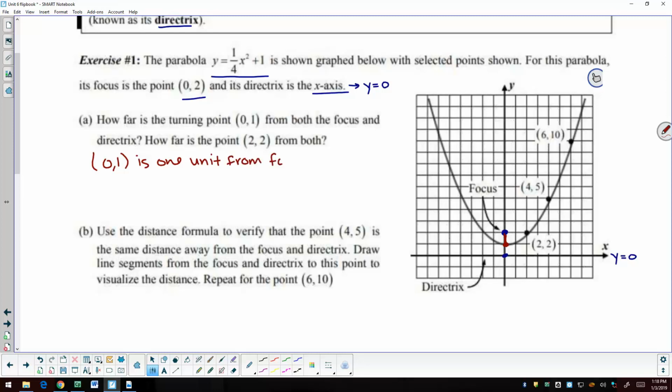Well, it's also 1 unit if you count down to the directrix, which I'll trace in blue, this line is your directrix. It is also only 1 unit away from the directrix. So 0, 1 is 1 unit from the focus and 1 unit from the directrix.